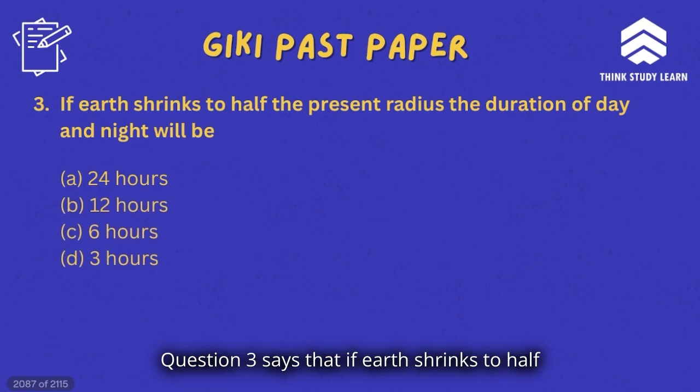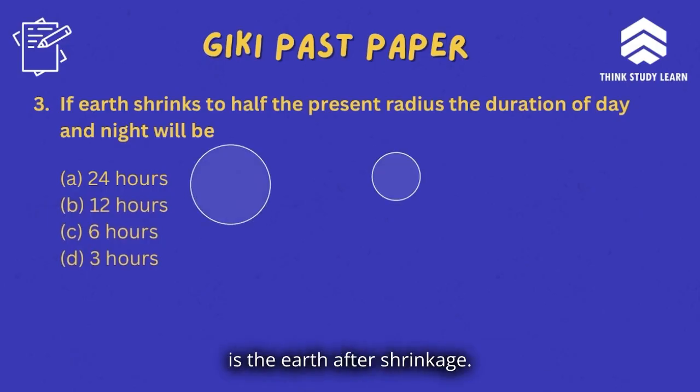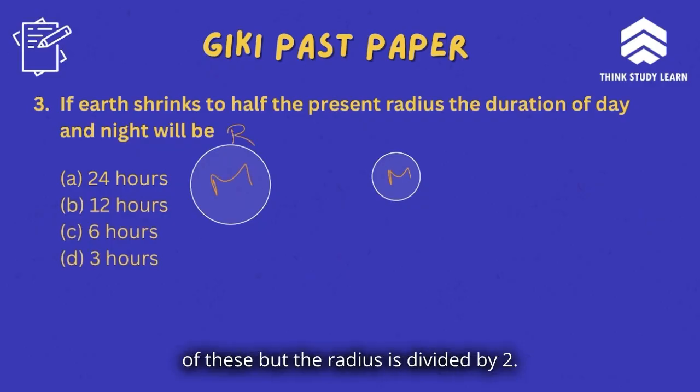Question 3 says that if Earth shrinks to half the present radius, the duration of the day and night will be. If this is the Earth now and this is the Earth after shrinking, we know that the mass remains the same for both of these, but the radius is divided by 2.